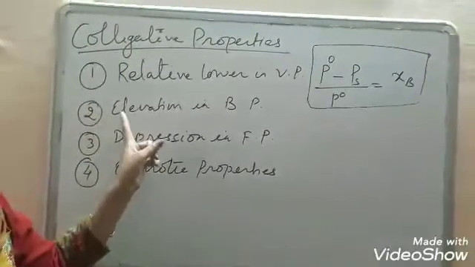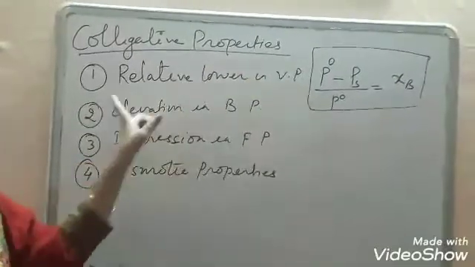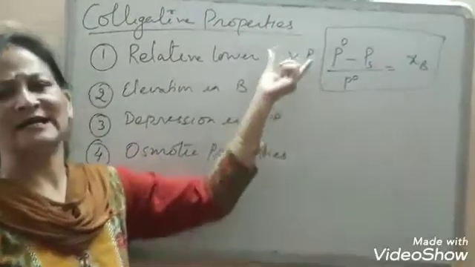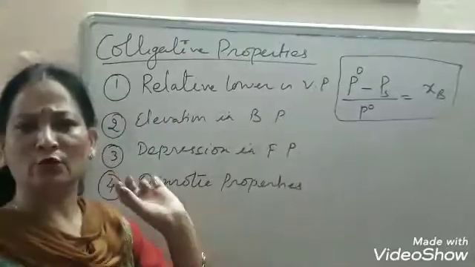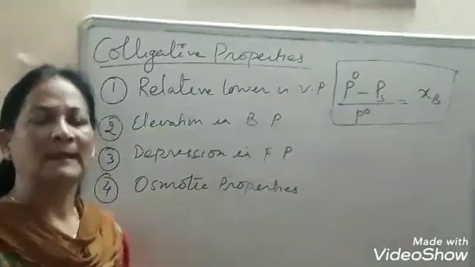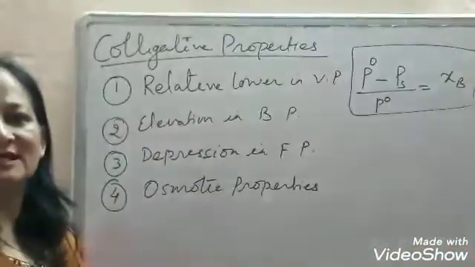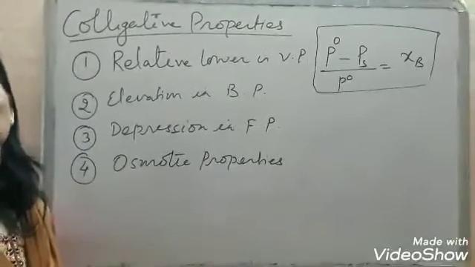Then the second thing is elevation in boiling point. If you understand this concept, you can better understand that concept, because these two terms are interrelated. According to the latest definition, boiling point is the temperature at which the vapor pressure of any liquid becomes equal to atmospheric pressure.